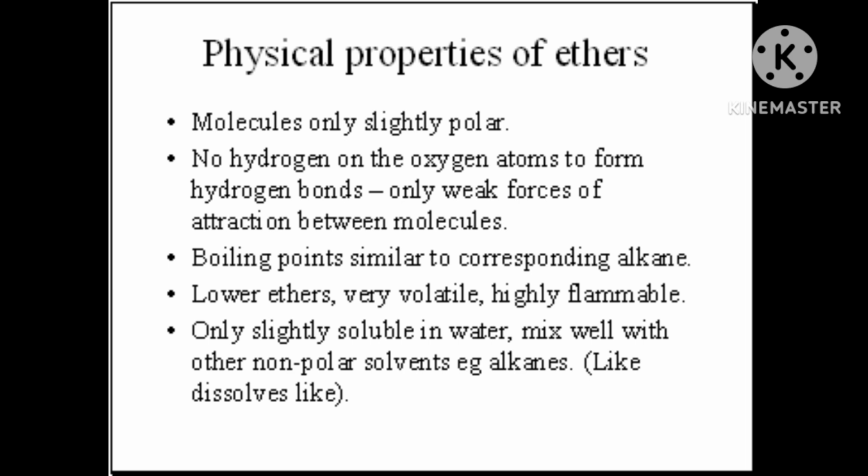Alkyl aryl ethers means oxygen has two valences, one side a benzene ring, the other side an alkyl. That is called alkyl aryl ethers. Alkyl aryl ethers are cleaved at the alkyl oxygen bond due to the more stable aryl oxygen bond.